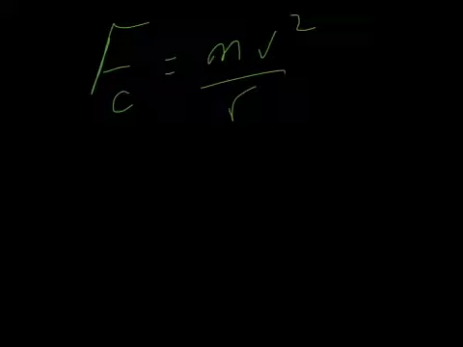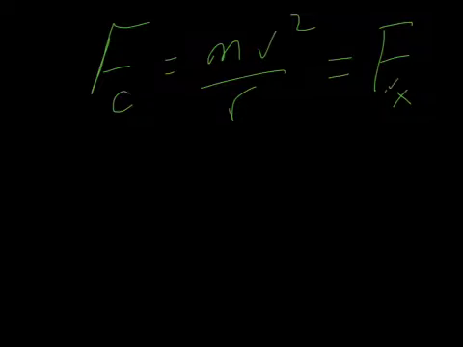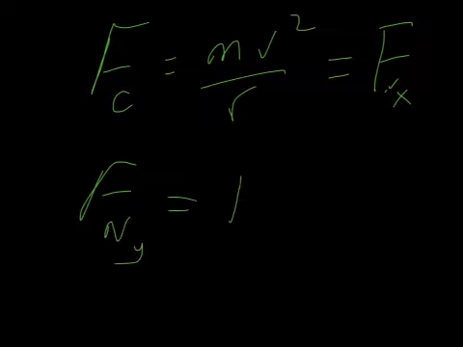What this means is we can say, of course, that the centripetal force is equal to mv squared over r, as it usually is. That's also equal to the x component of our normal force. So that's the normal force in the x direction. And we know that the other vector, the normal force in the y direction, is equal to the magnitude of the weight force.